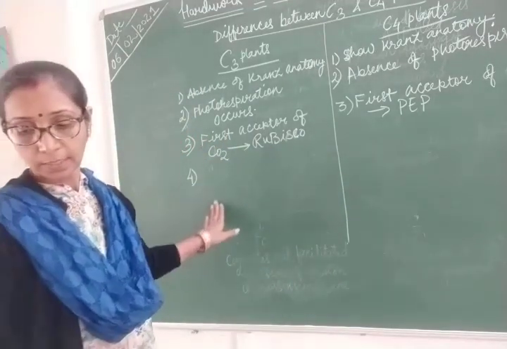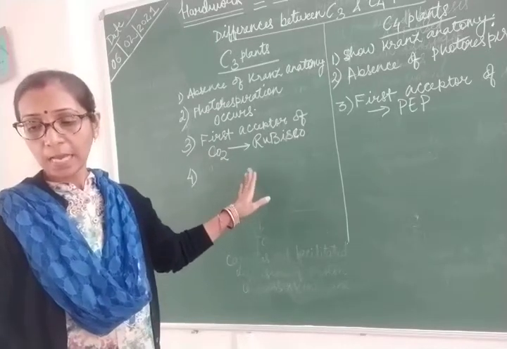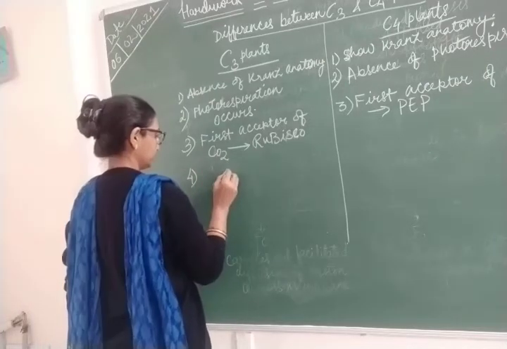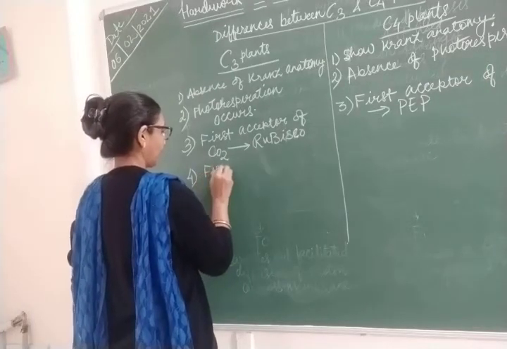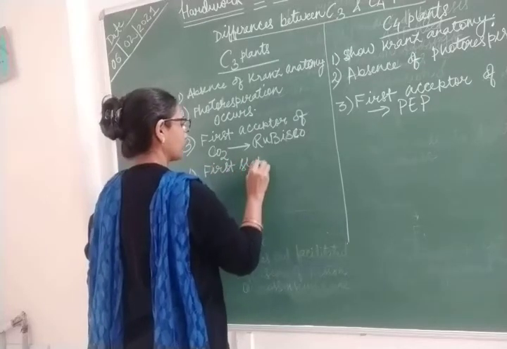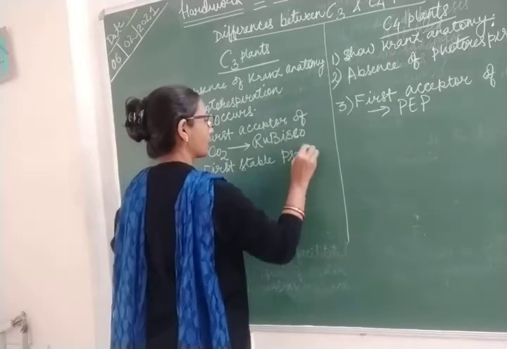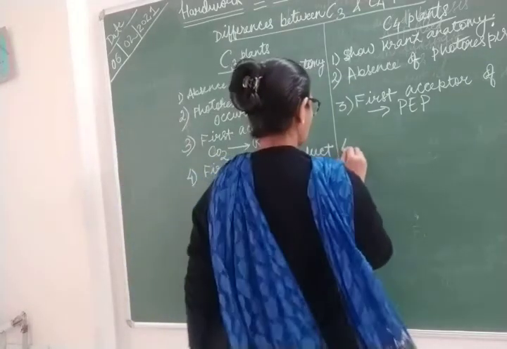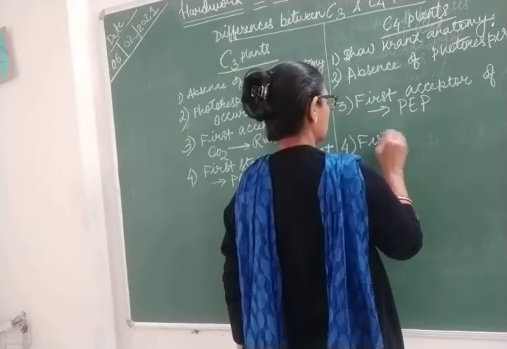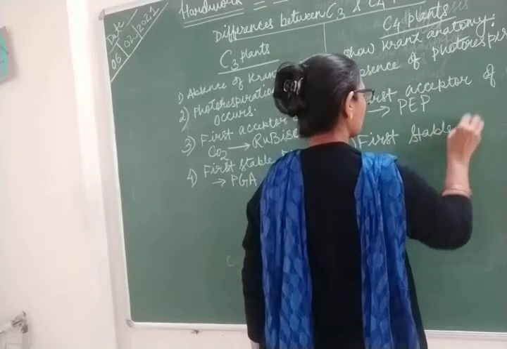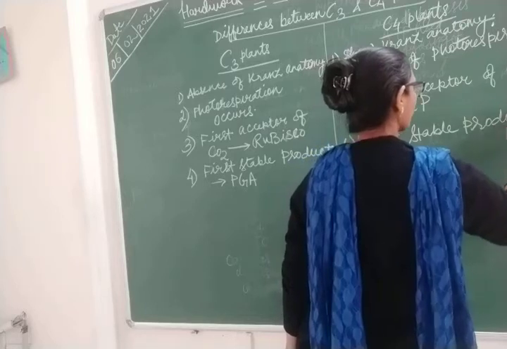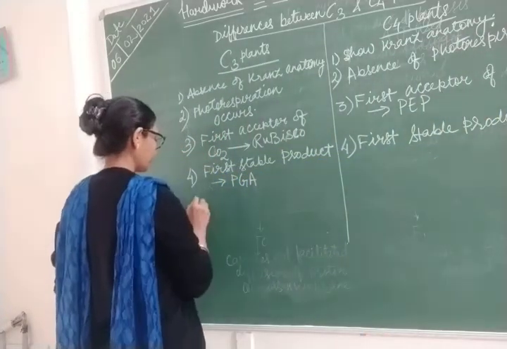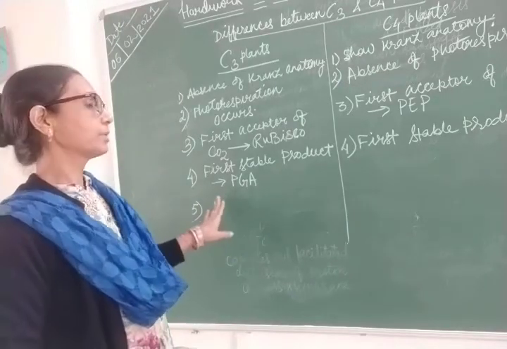In case of C3 plants, PGA is the first stable product, and in C4 plants, the first stable product is OAA. In case of C3 plants, plants are adapted to every type of climate.